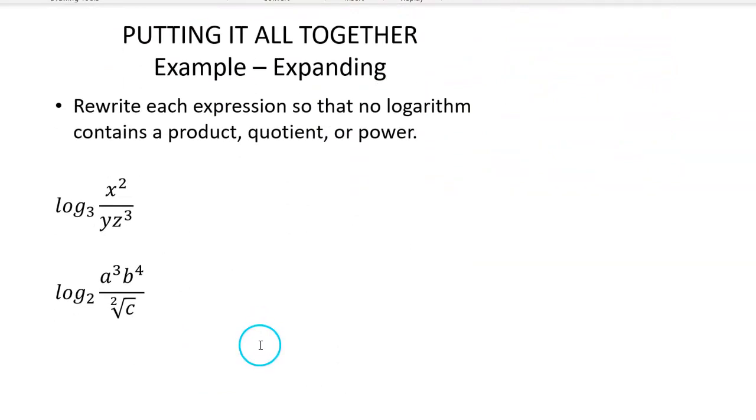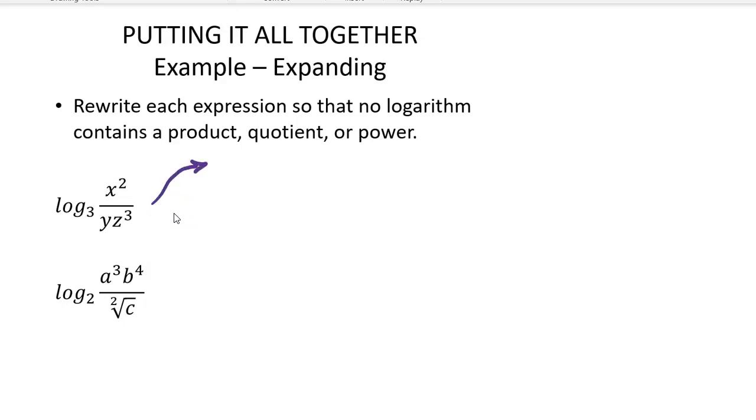Now it gets fun. We're going to start putting it all together, and this is where they combine all of the properties together, and then you have to expand the logarithm out as far as you can using all of the properties combined together. You can obviously see we have a fraction here, so the quotient property is definitely going to be involved. We're going to separate it with subtraction.